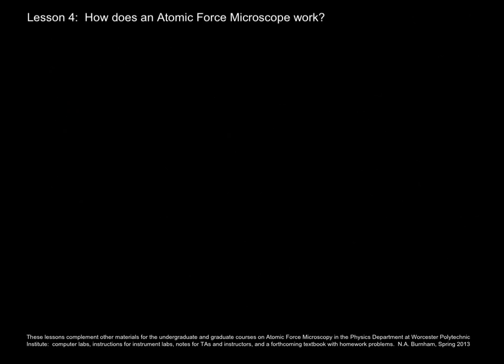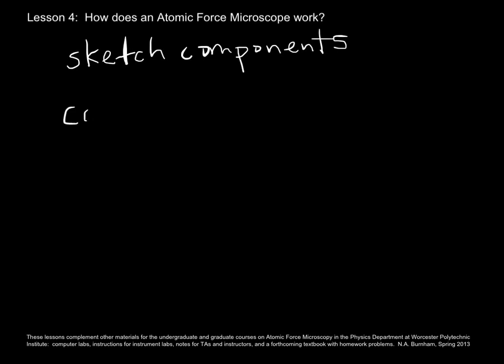So in this lesson, I have tried to give you a firmer idea of how an AFM works, and I hope that you would be able now to go and sketch the components of an AFM. And I've also tried to give you an idea of the two basic operating modes of AFM, one being constant height and the other being constant force.